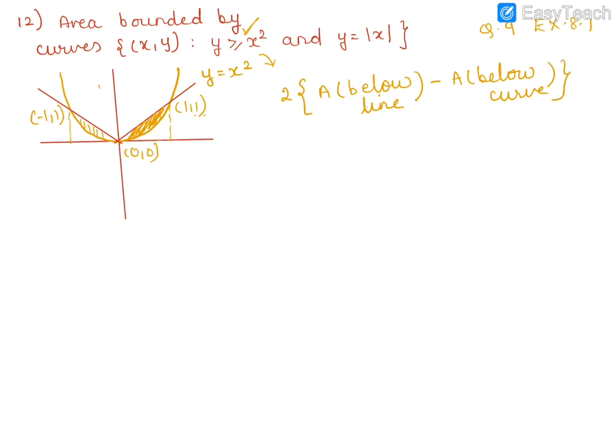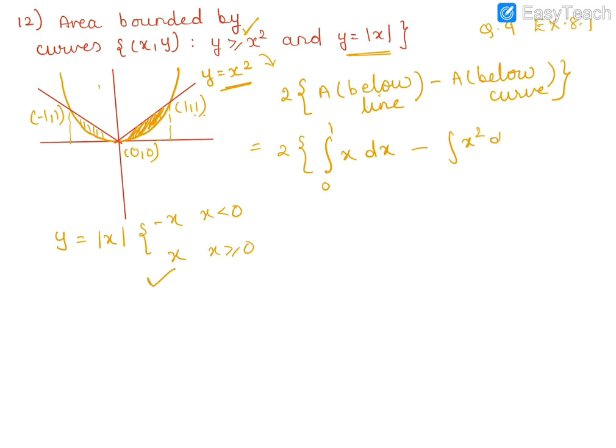And therefore this is going to give me twice, and area below the line, this is the equation of the line, and I am taking, you should know that mod x is minus x for x less than 0, and x for x greater than or equal to 0. So I am taking the positive one. So limit is 0 to 1 x dx minus area below the curve. Curve's equation is y is equal to x square. x square dx, limit is 0 to 1.